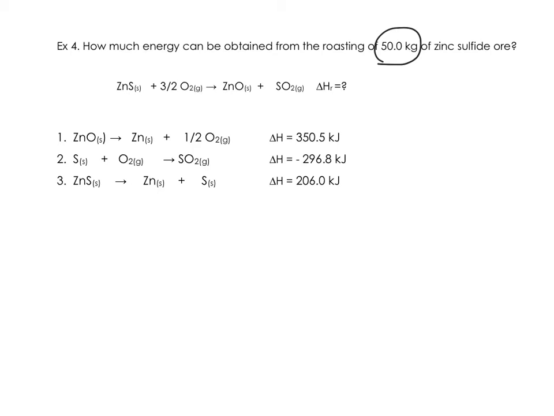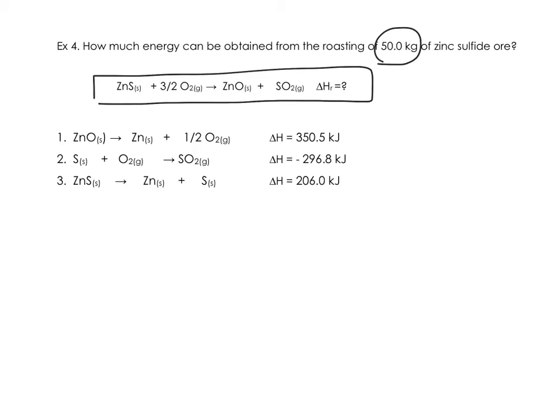So this looks like it's a little bit more involved. Here we have our overall equation, and we have 3 thermochemical equations. So not only are we trying to find the enthalpy for the reaction, we also have to figure out how much energy is released when we have a certain amount of zinc sulfide.